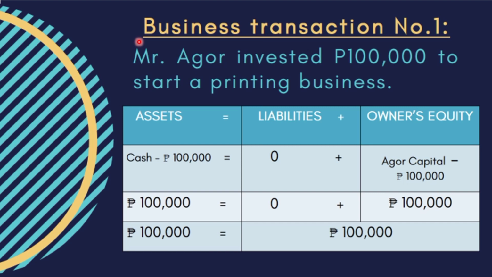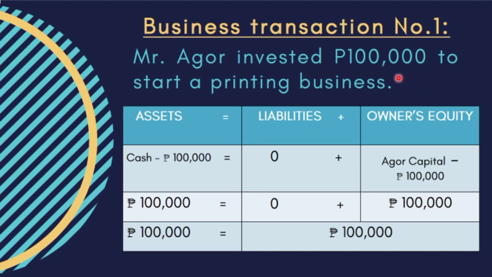Let's have the application of the accounting equation on the business transaction number 1. Mr. Agor invested 100,000 to start a printing business. So, how will we record this transaction number 1? We will again use the accounting equation, which is assets equals liabilities plus owner's equity.